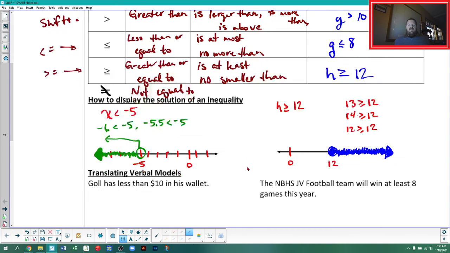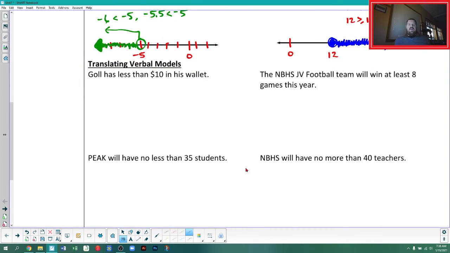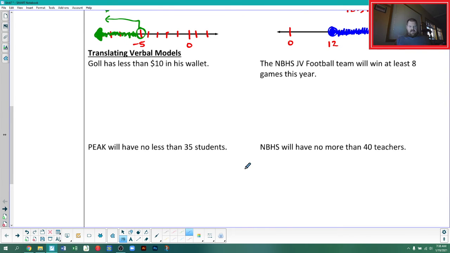And now our other main goal today is going to be translating the verbal side of things into the mathematical side. The first one here says that Gal has less than $10 in his wallet. So maybe I'm saying something about his wallet, and it has less than $10. Now, just as easily, we can graph these.